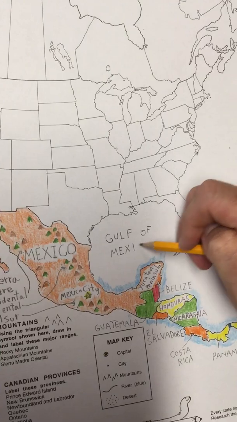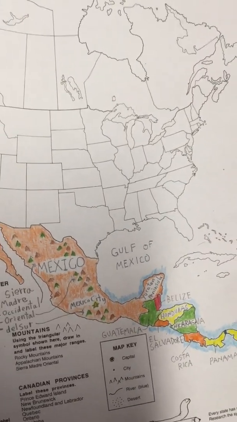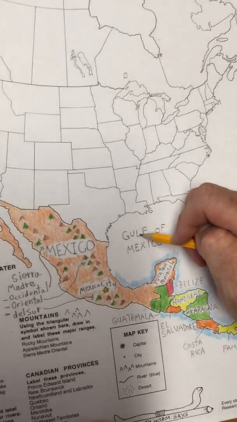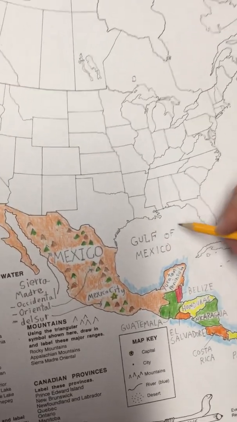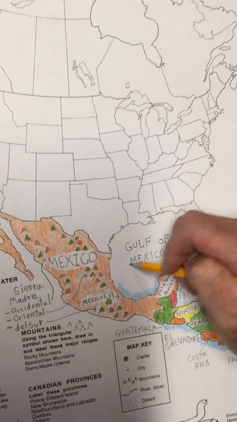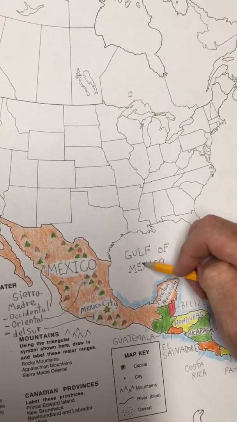And remember when we labeled the oceans, we put those little decorations on the letters. You can do that with the Gulf of Mexico as well. That's a nice little touch that you can decorate your map a little.